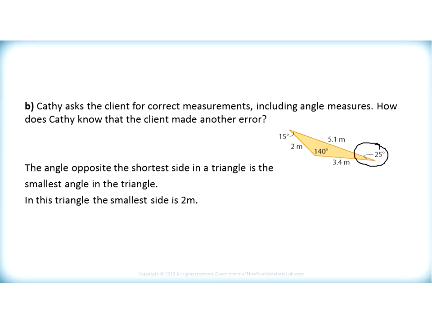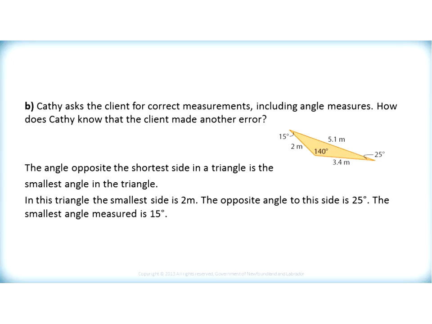That's the angle opposite the 2 meters, because the 2 meter side doesn't touch that angle whatsoever. So that means that the angle opposite to this side is 25 degrees.